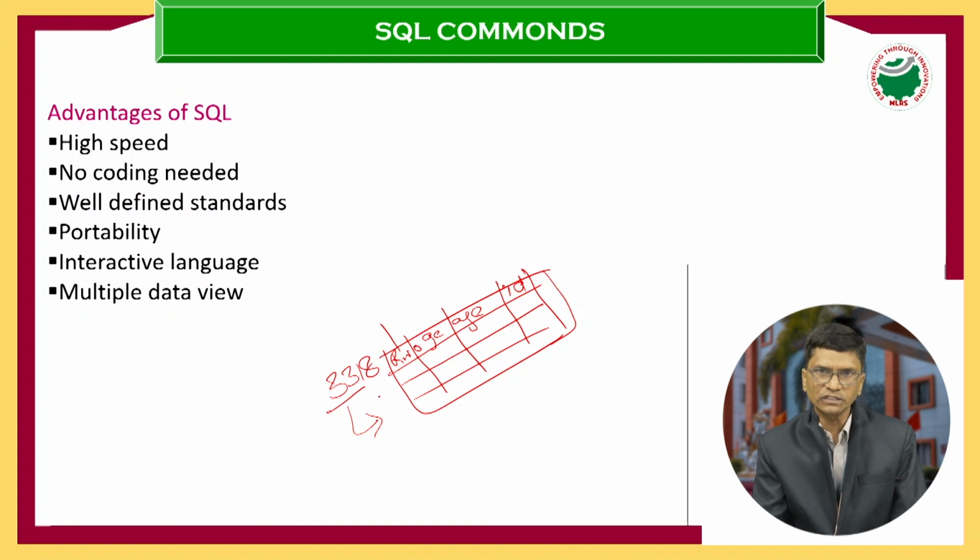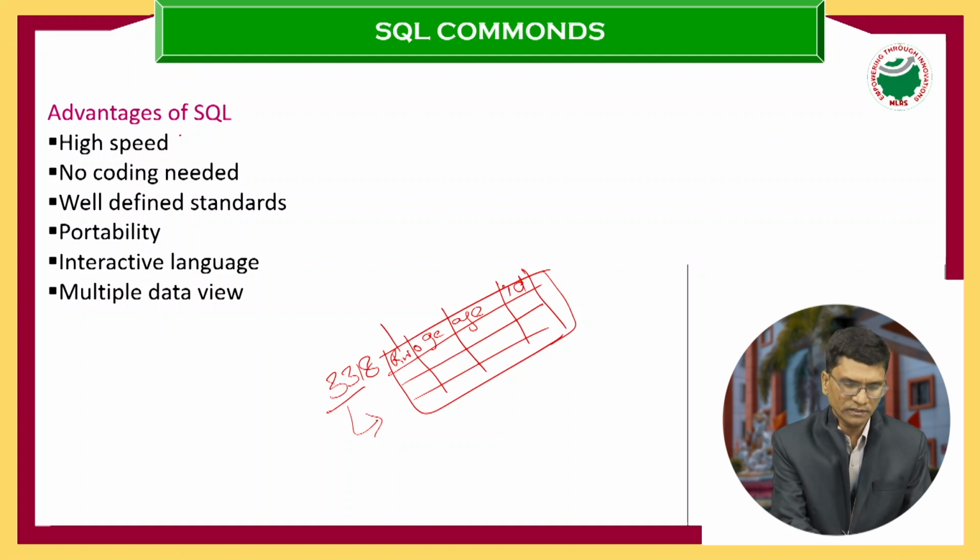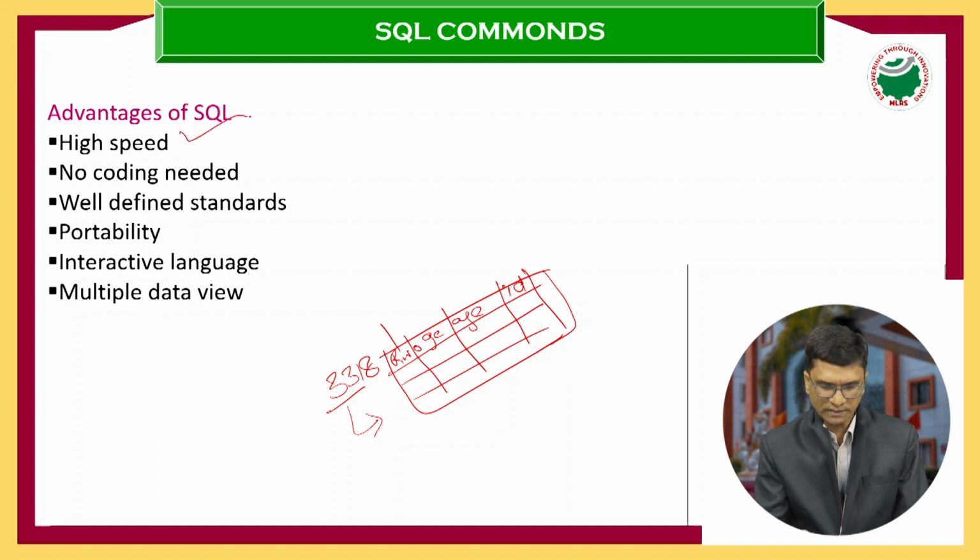By using these SQL commands, you can get the information very fast. The best example of high speed is the banking sector. We can easily identify how much amount we have in our bank, or how much we added, which means modification of information should be done at very high speed.